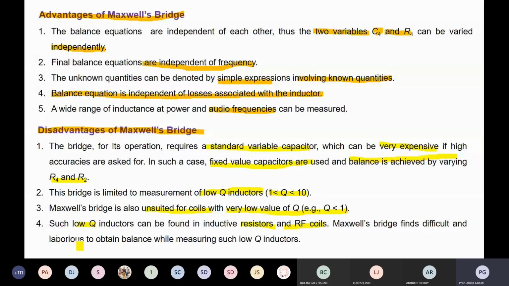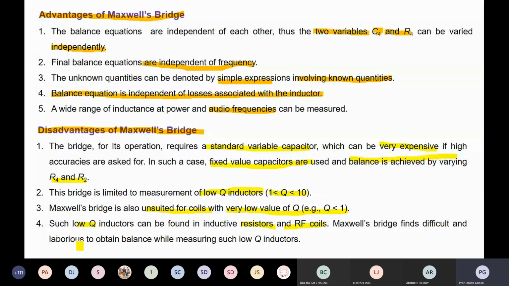This method of measurement is particularly suited for high Q, because the Maxwell bridge is not suitable for measuring high quality factors. The configuration of the Hay bridge and the associated phasor diagram is shown in that figure.